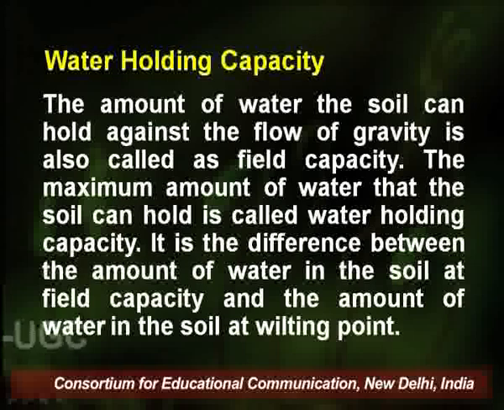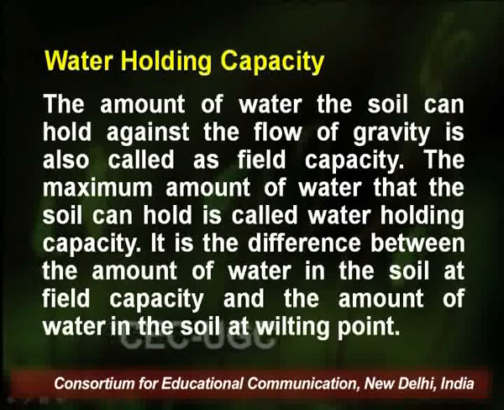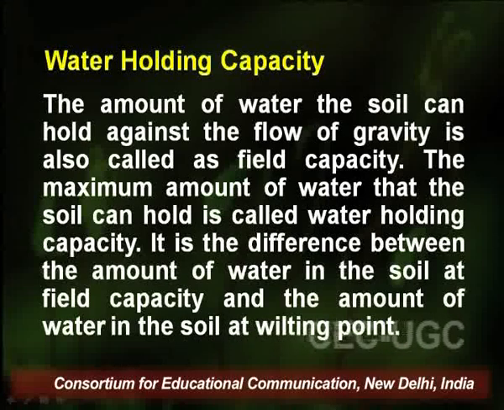Now, moving on to the next parameter, that is water holding capacity. The amount of water the soil can hold against the flow of gravity is also called its field capacity. The maximum amount of water that the soil can hold is called water holding capacity.